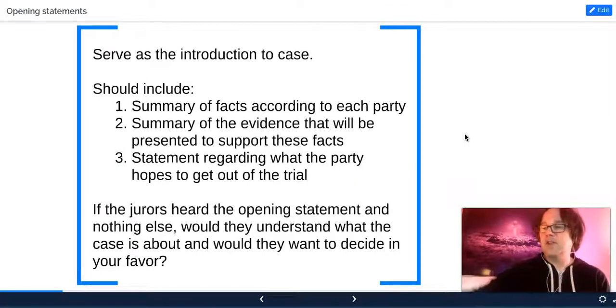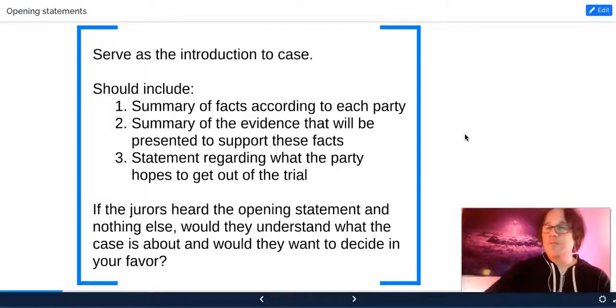Well, they serve as an introduction to the case. They're basically designed, if you do them correctly, as a way of setting up your story, right? If you're taking a story model approach to jury decision making, this is your introduction.